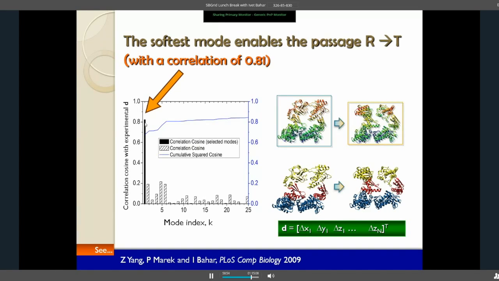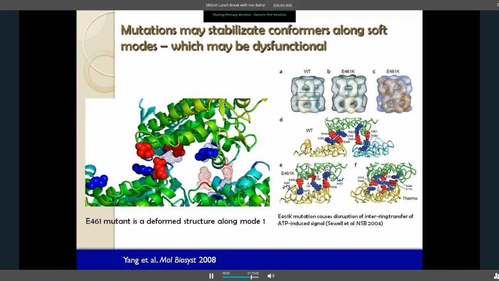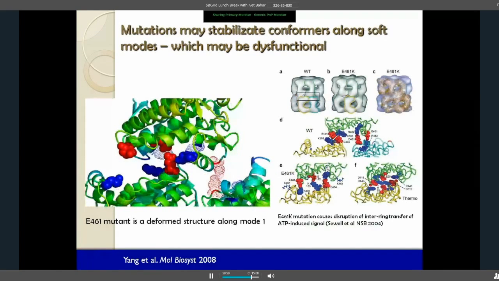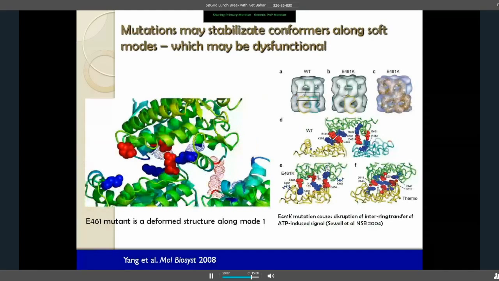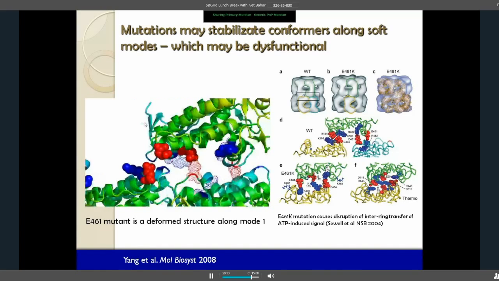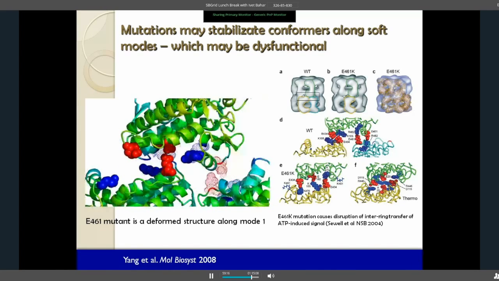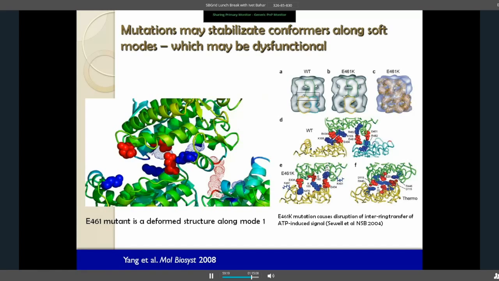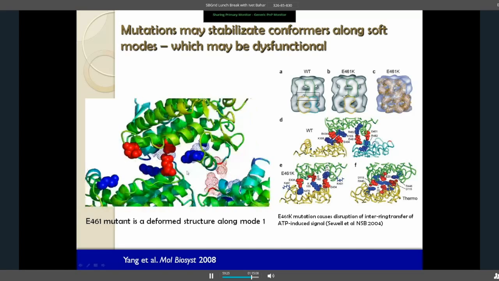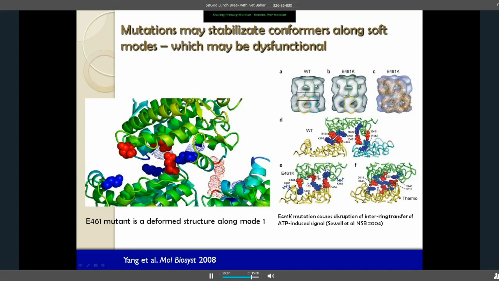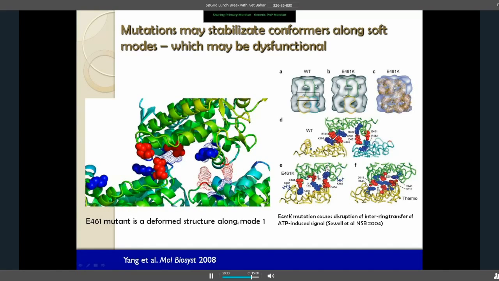And then we can also analyze the effect of mutations. Although intrinsically we don't have residue specificity in the elastic network models, we can observe what type of changes in interactions are induced by the global motions. For example, at the interface, we see that the rearrangement of residues is very likely. So the molecule in its softest mode, mode 1, has a tendency to undergo this type of movement.